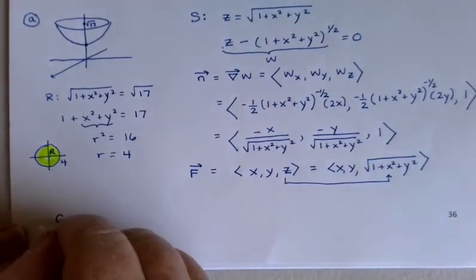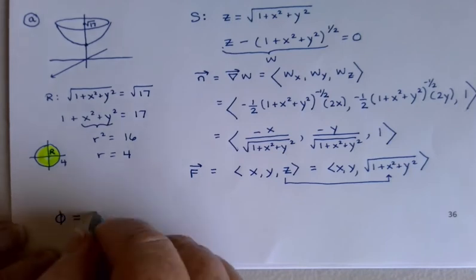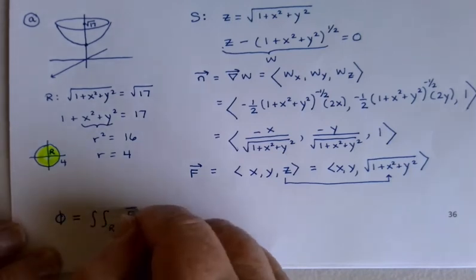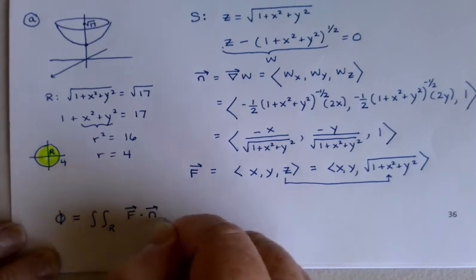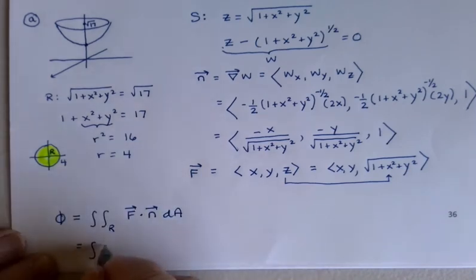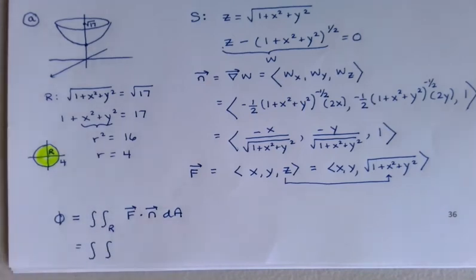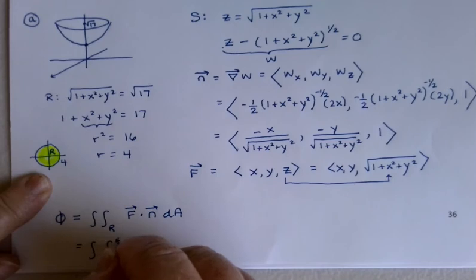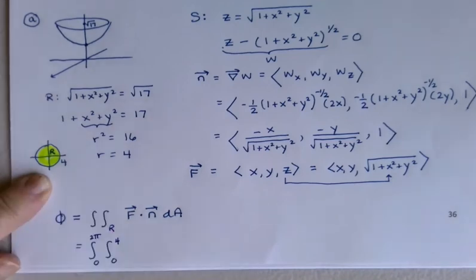So our flux is the double integral over r of f dot n dA. And my limits of integration will be 0 to 4 for the r and 0 to 2 pi for the theta.